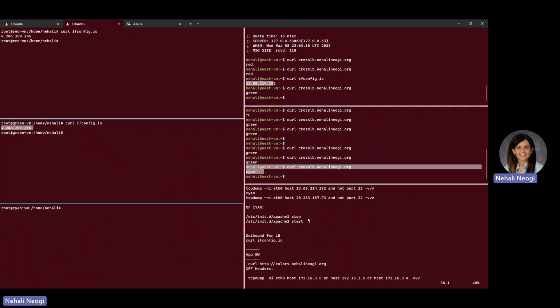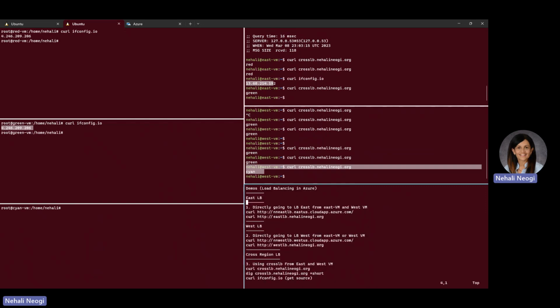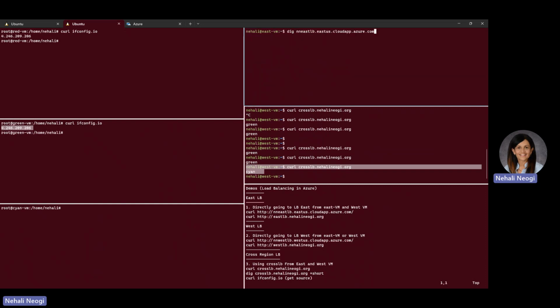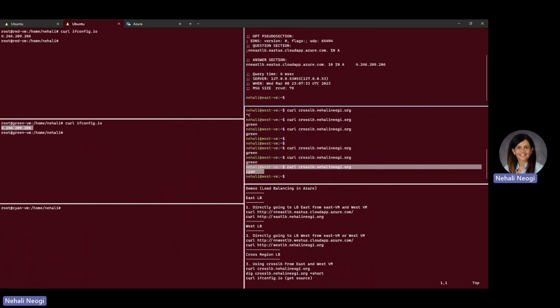And this IP is nothing but the IP of the east load balancer. So let's look at the east load balancer and we'll just do a dig against that. And you'll see that that is indeed the IP of the east load balancer. So the two VMs on the east are egressing through that east load balancer.